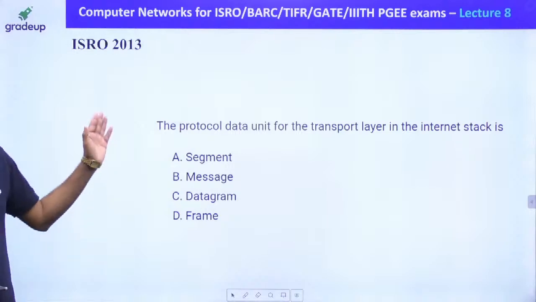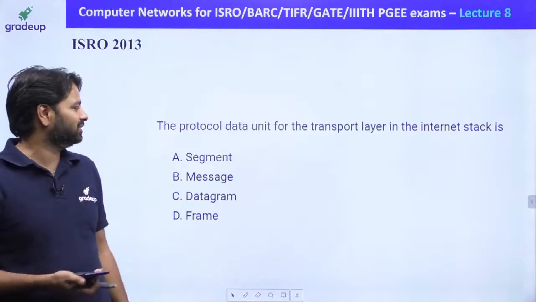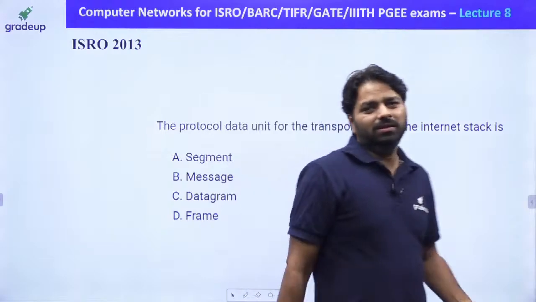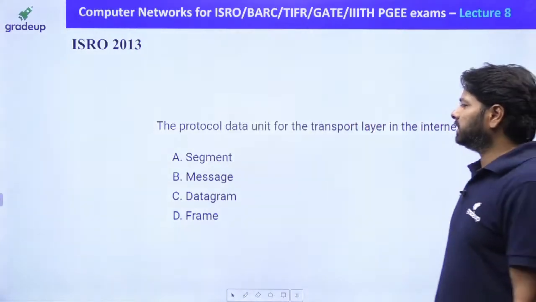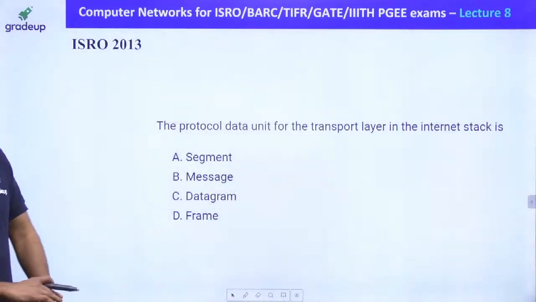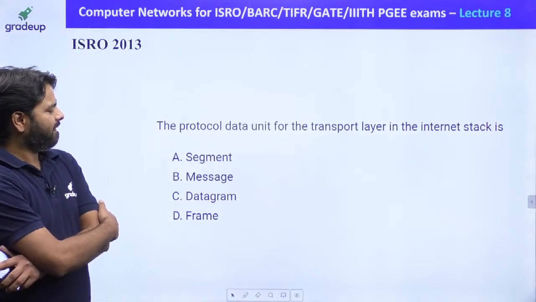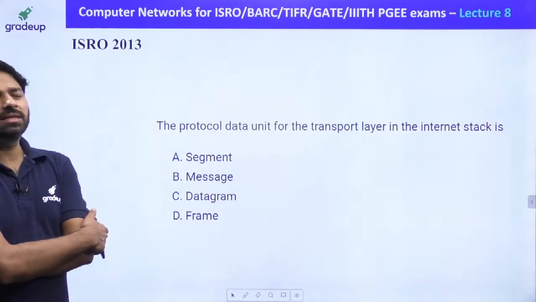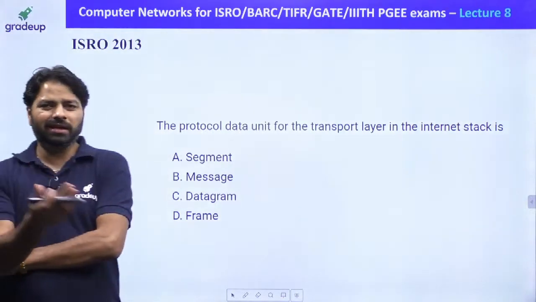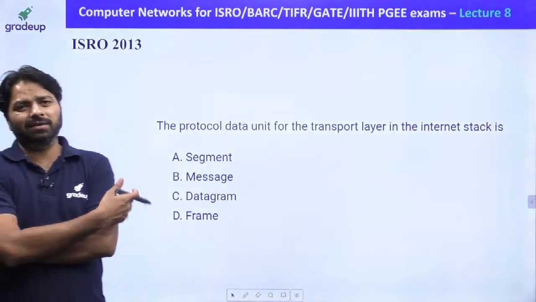The protocol data unit for the transport layer in the internet stack is dash. Very easy. For the transport layer, each layer has some significance about data unit, somebody here data link layer, somebody transport layer, somebody network layer.